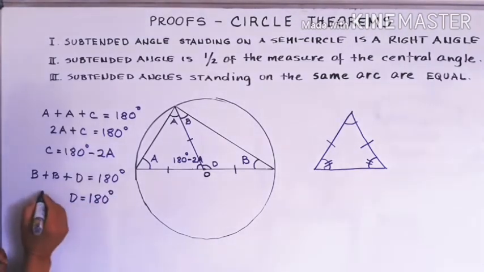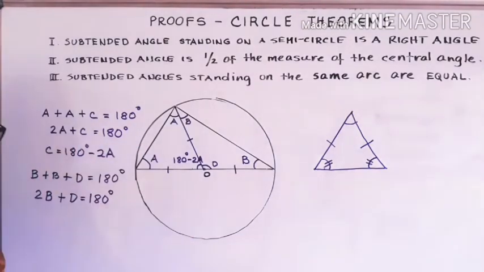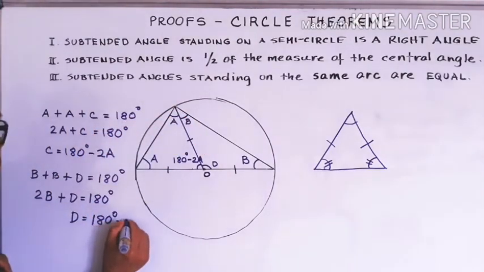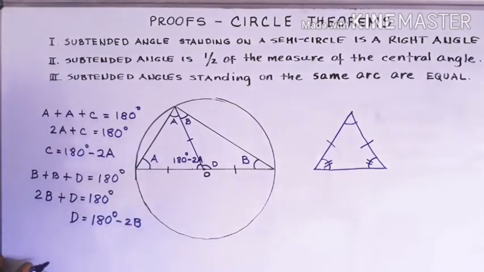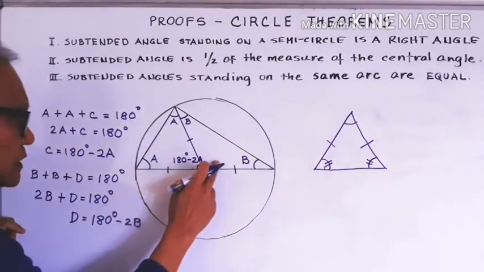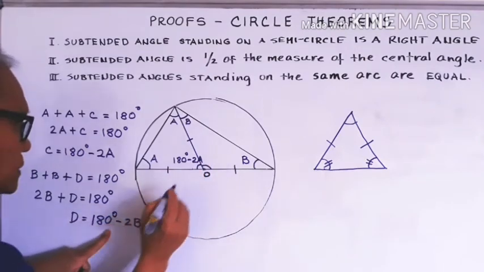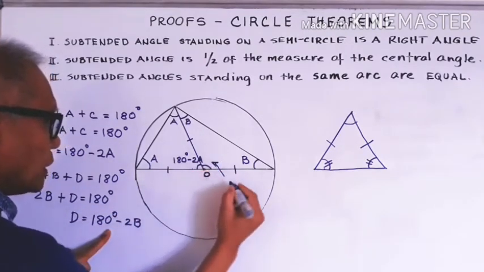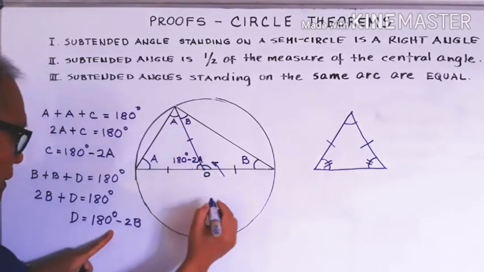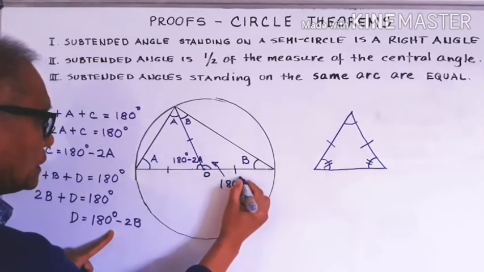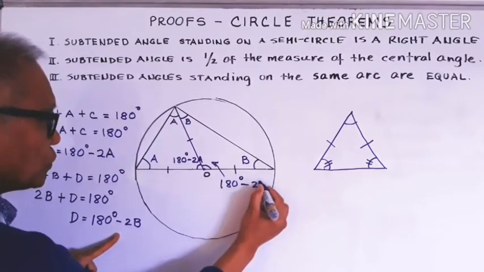I forgot that B plus B equals 2B before we transpose, so you will not get confused. So D is equal to 180 degrees minus 2B, right? So we are going to replace this D now, class, by this one. This angle here is 180 degrees minus 2B.